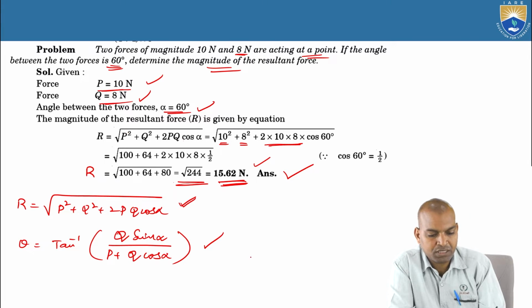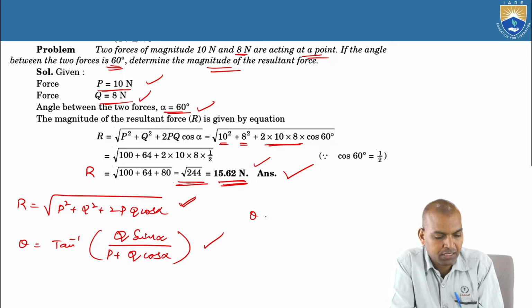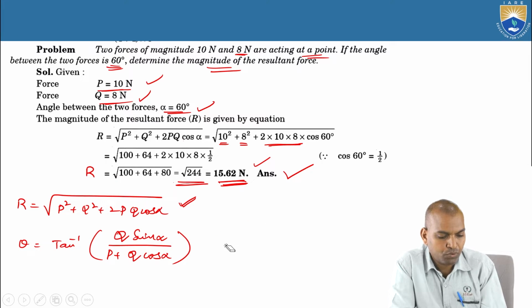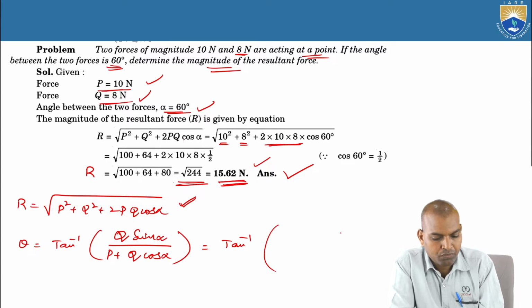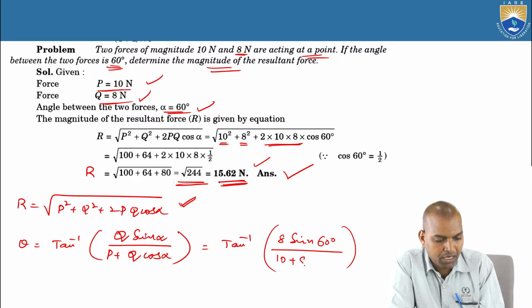If you want to find the direction of the resultant force, theta equal to tan inverse of Q sin alpha over P plus Q cos alpha. What is the Q value here? 8 newtons. Sin alpha, alpha is 60 degrees, divided by P, 10, plus Q, 8 cos 60 degrees.